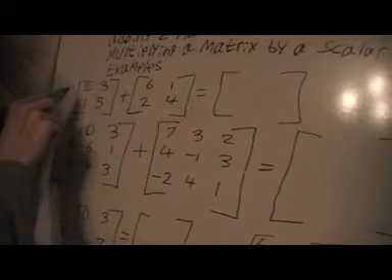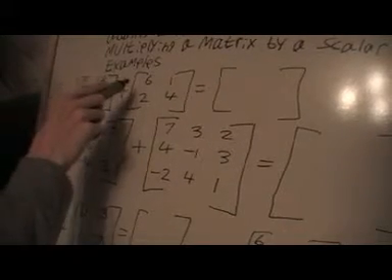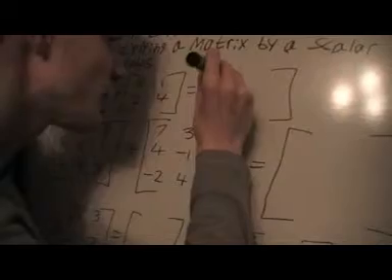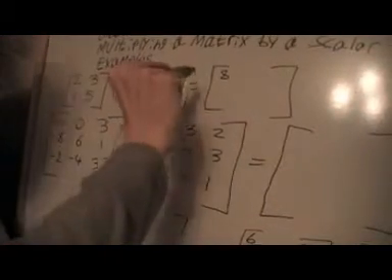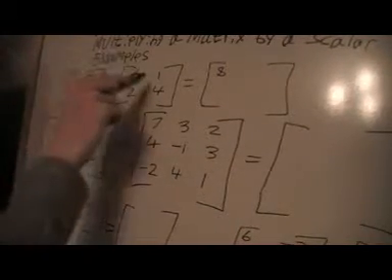Okay? So what I do is, I look at row 1, column 1, I've got a 2 there, and I've got a 6 there. I add these, and I put an 8 there, in the exact same position. I've got a 3 there, and a 1 there. I add them, I get 4.